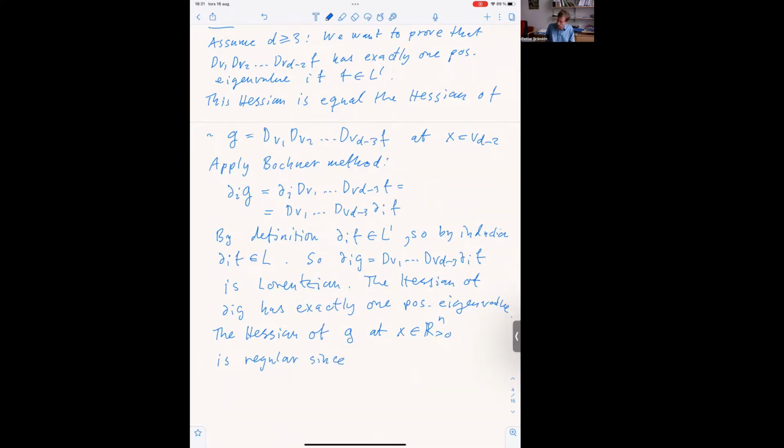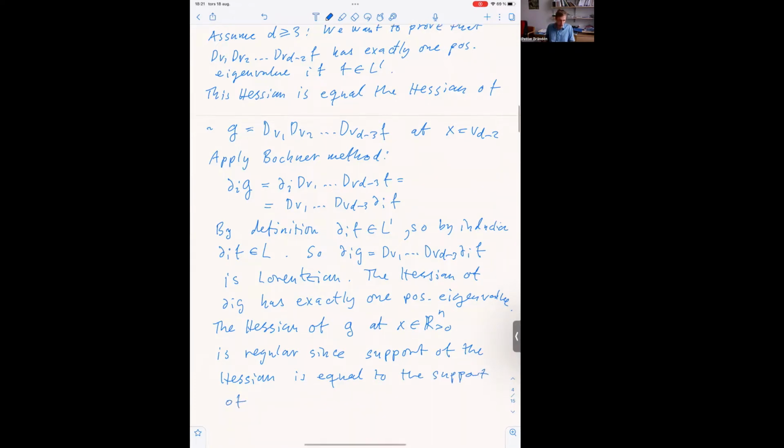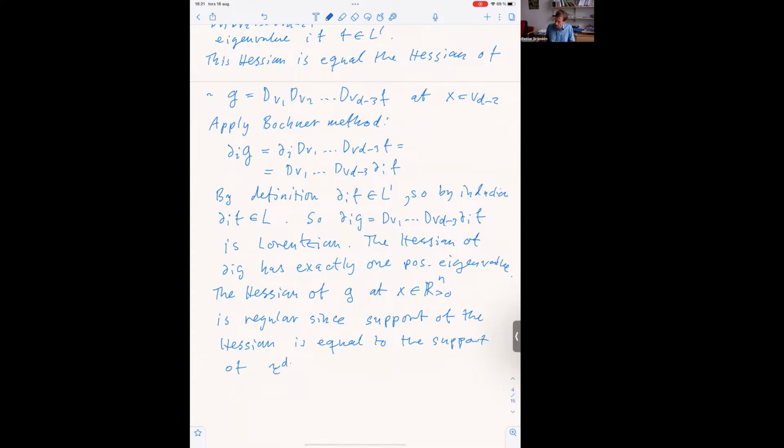Since the support of the Hessian, meaning the non-zero entries, is equal to the support of f when we truncate d minus 2 times. And the support of f is M convex.